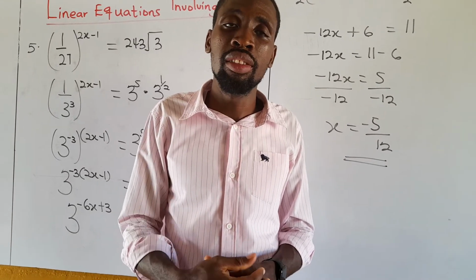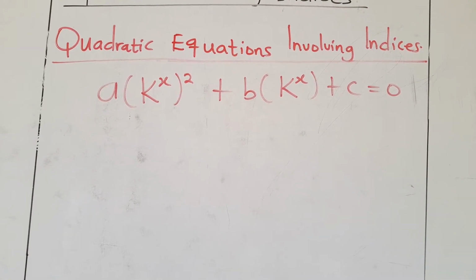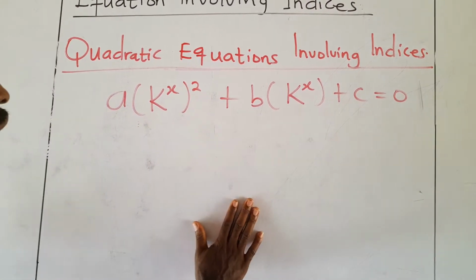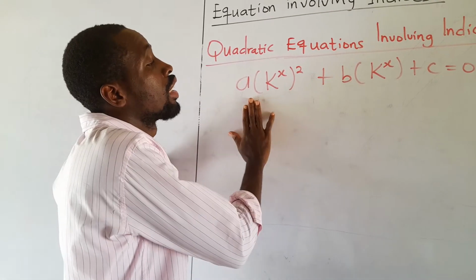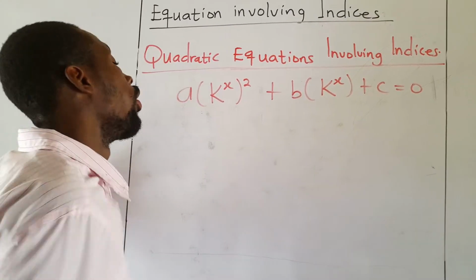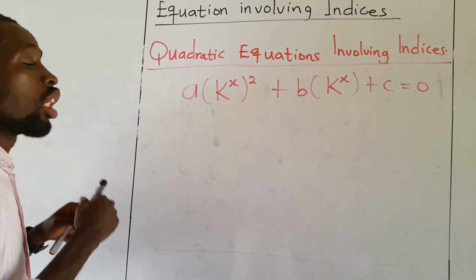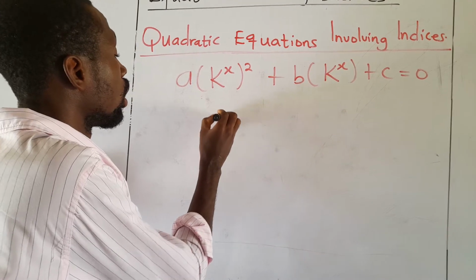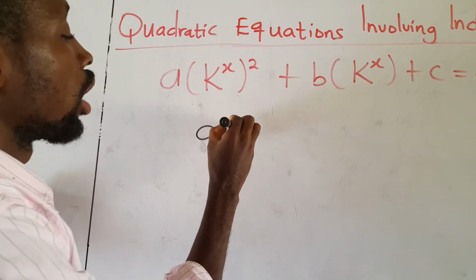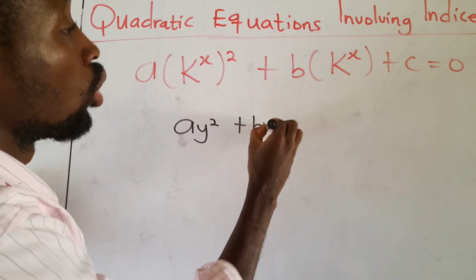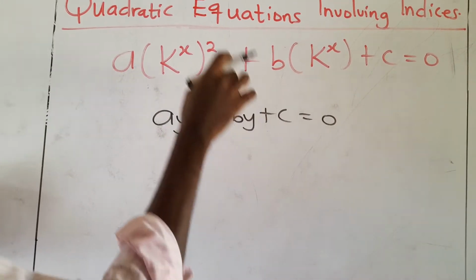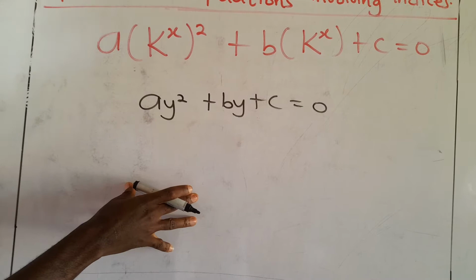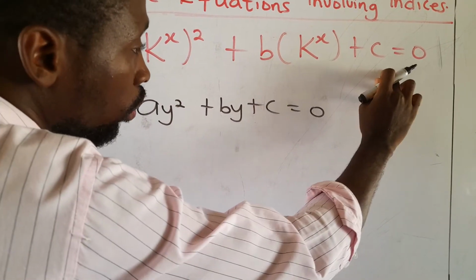Okay, so our next discussion will be on quadratic equation involving indices. They are the indices problems that are in this form. Remember, the general form of any quadratic equation can be ay squared plus by plus c equal to 0. So if the indices problem is given to you, try to express it in this form.